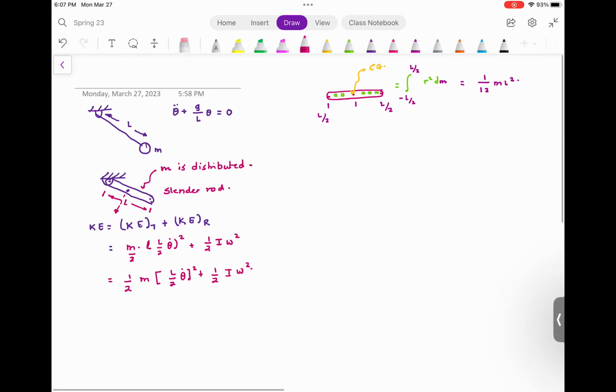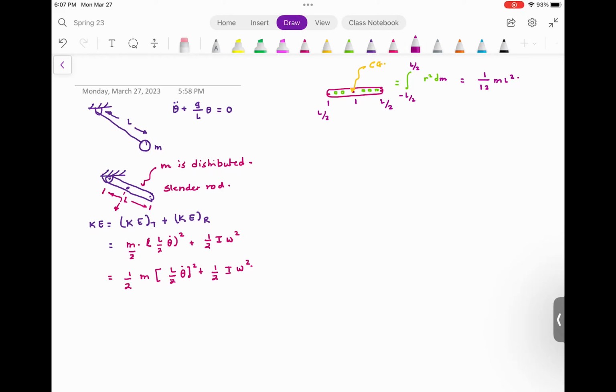So once I substitute these values over here, it is going to become 1/2 m L square by 4 theta dot square plus 1/2 times I, where I is going to be 1 by 12 m L square, and omega is going to be theta dot square. So this is going to be the kinetic energy.